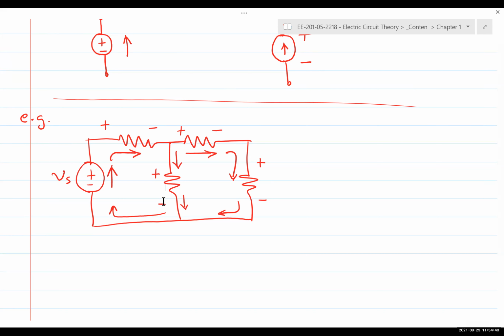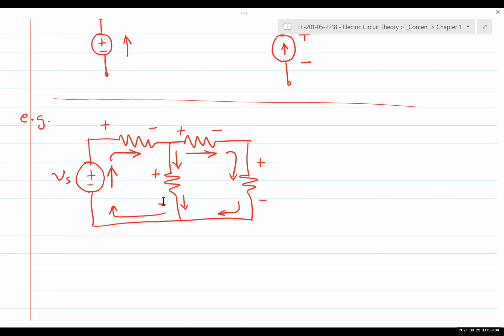So the question being asked was, if the current value was already given, then how would we take it? If the current value was given as -5, then we would take the arrow to be opposite of what is being shown. The sign of a voltage or of a current when it's negative, that's all it means.